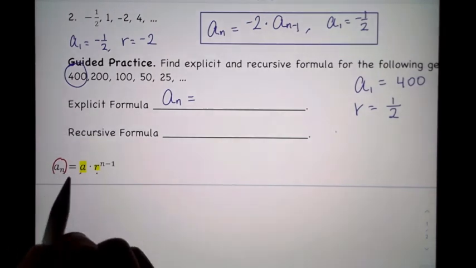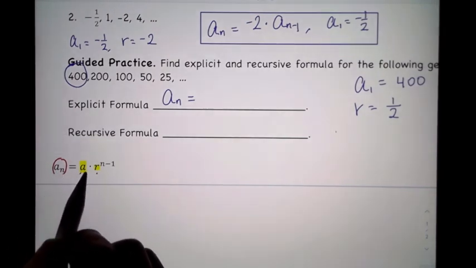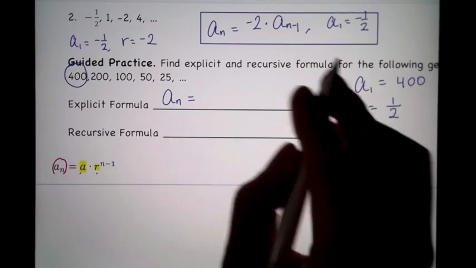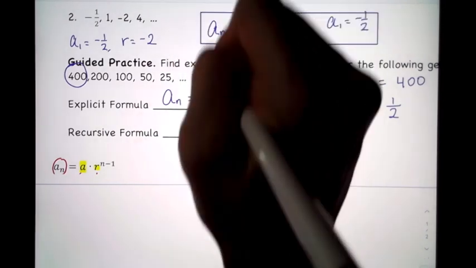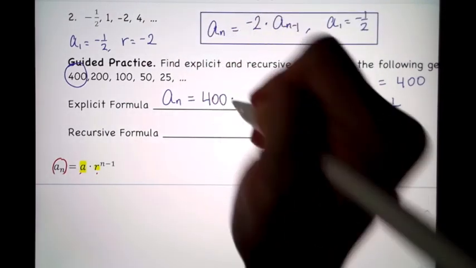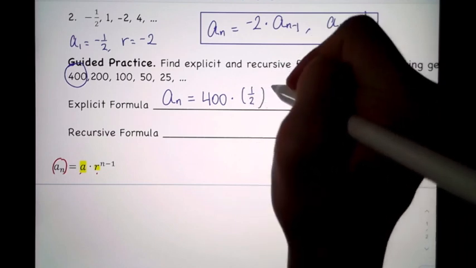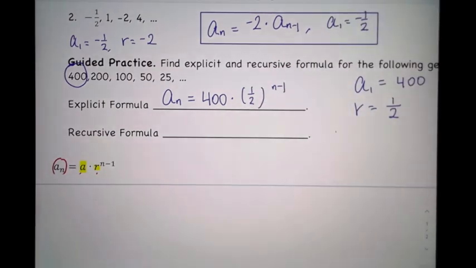So the formula is what? a_n is a times r to the n minus 1. So my a is 400 times my r, 1 over 2, to the n minus 1 power, like this.